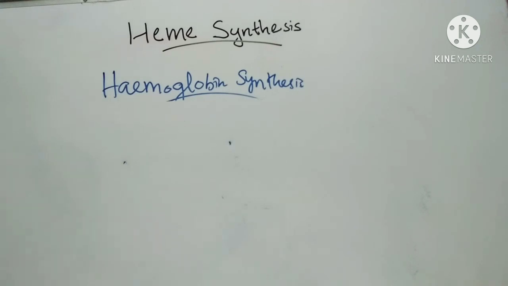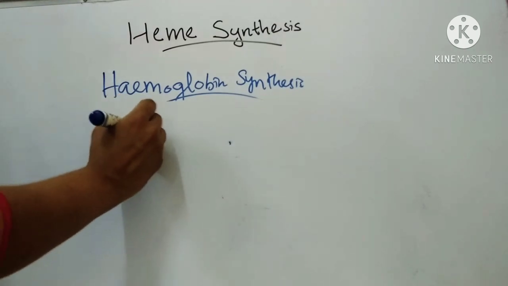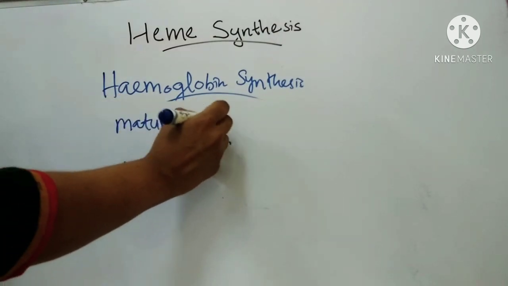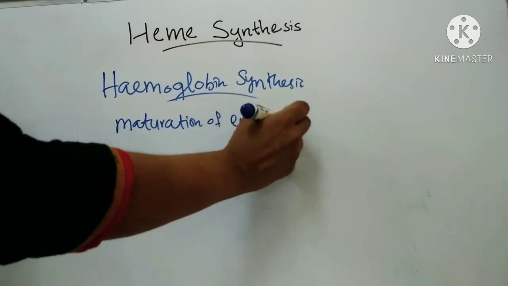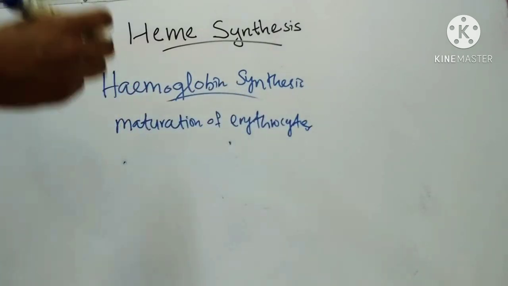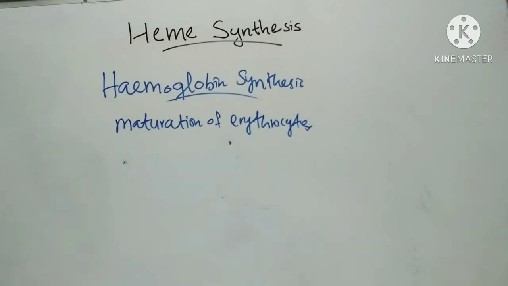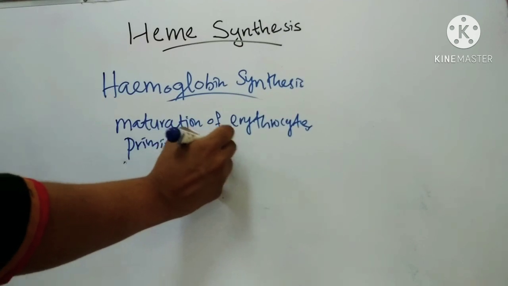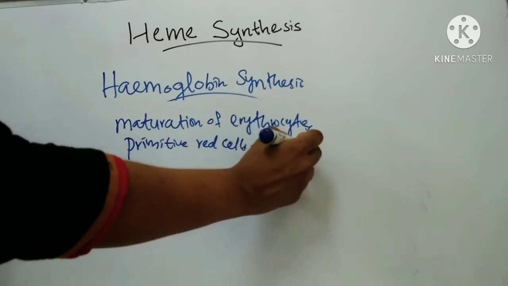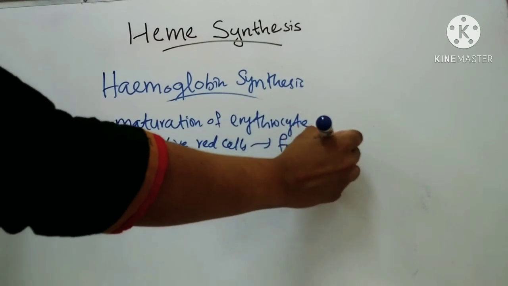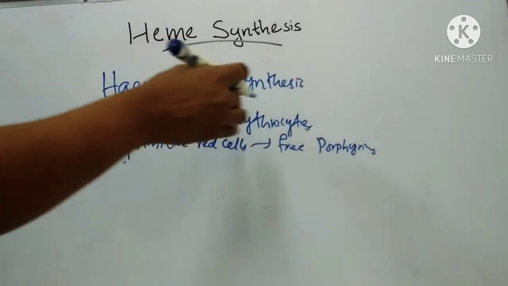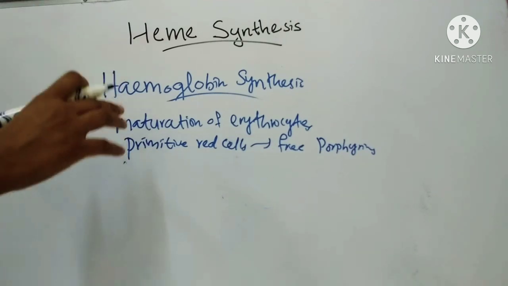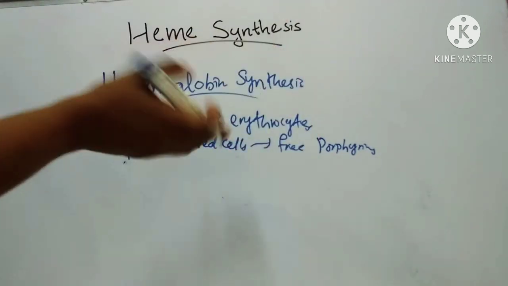The synthesis of hemoglobin proceeds concurrently with the maturation of erythrocytes. The primitive red cells contain free porphyrins rather than hemoglobin.